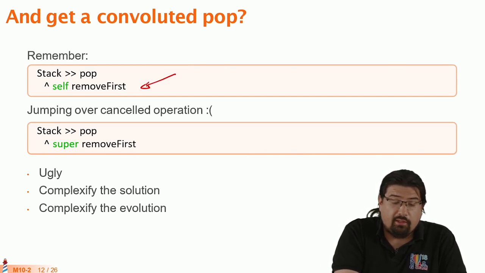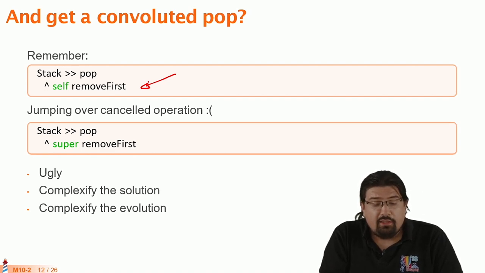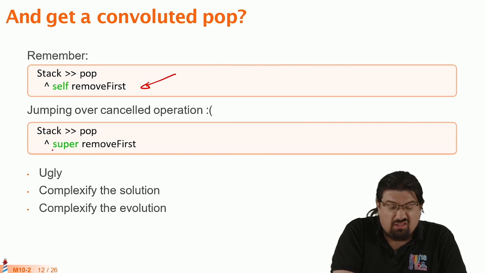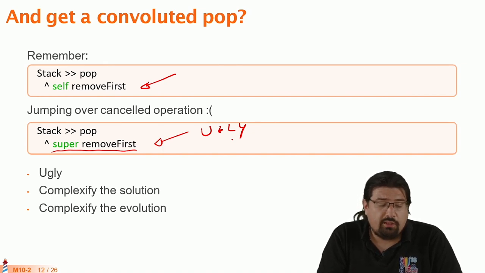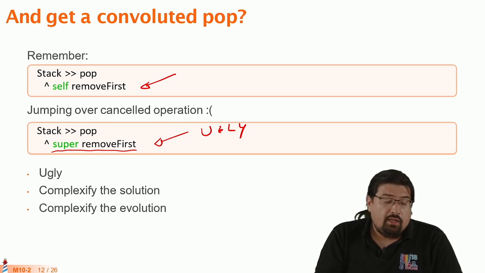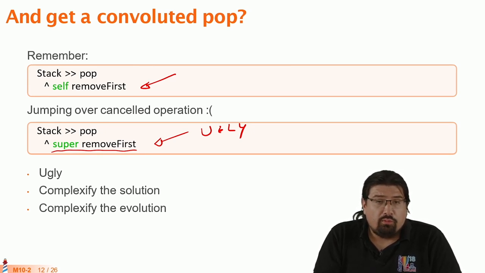You remember it's here. So we need to avoid the implementation. We can do it using super, but this is really ugly, and we should not do it because it makes the solution much more complex, and it makes it more difficult to evolve in time.